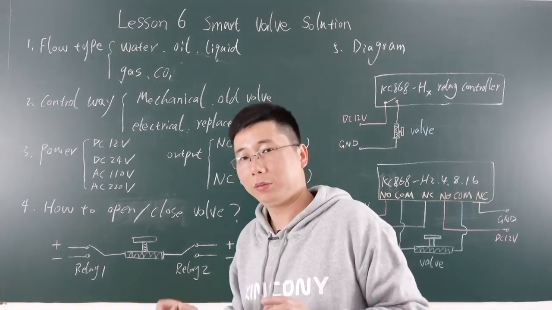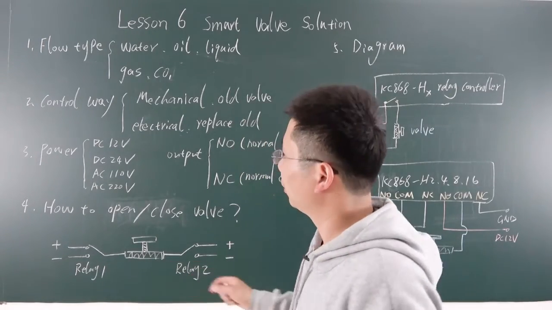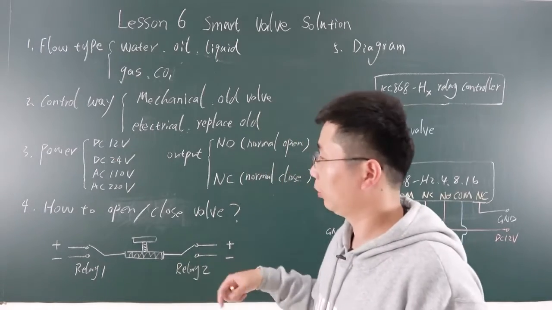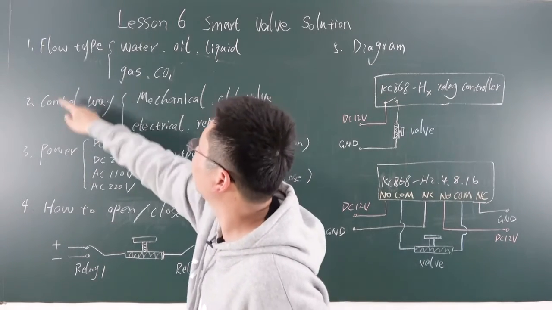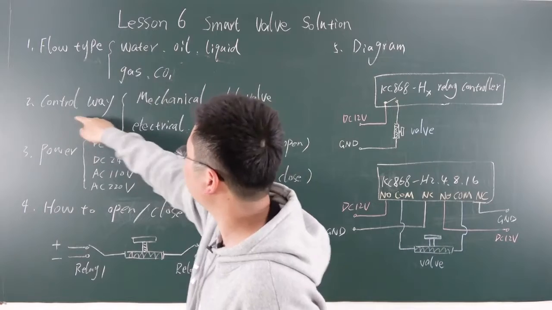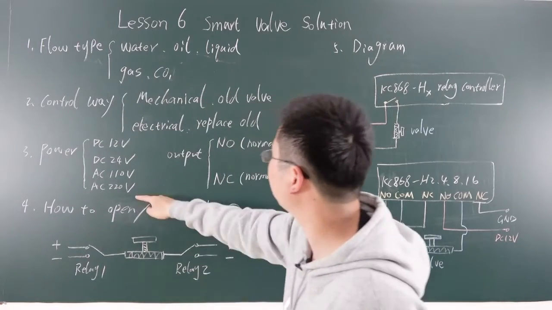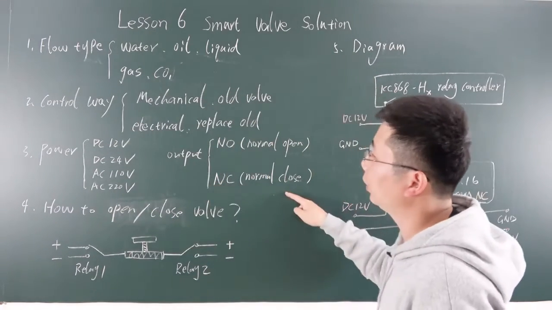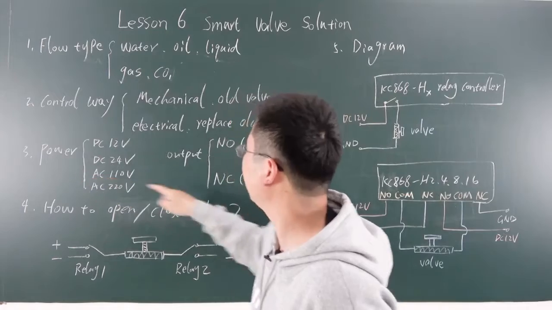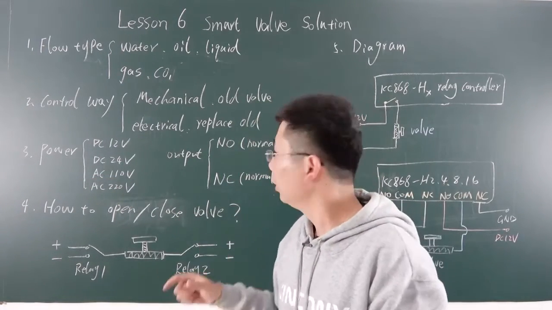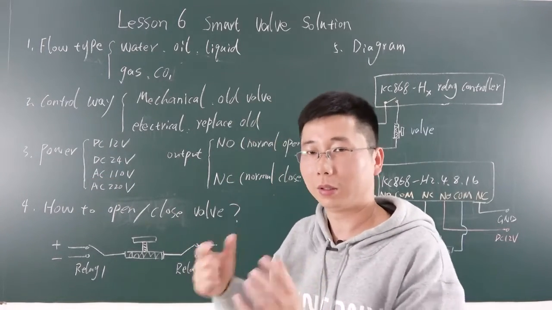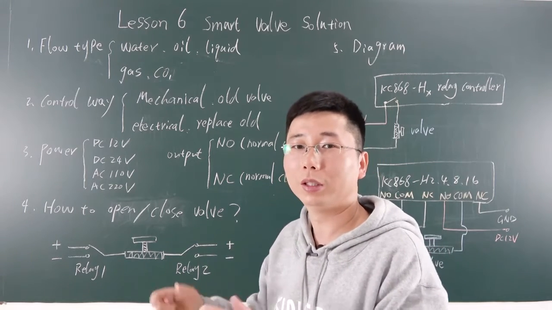Now, if you want to make a project about the smart valve, you need to know how to choose the valve. You just go according to the flow type, the control way, the power voltage, and the output type. One, two, three, you can design and confirm which type of electrical device you need.